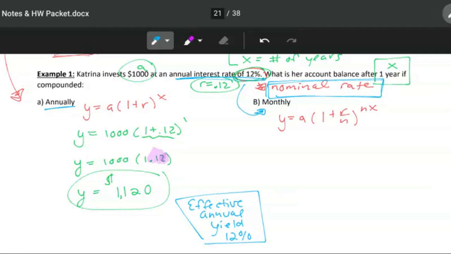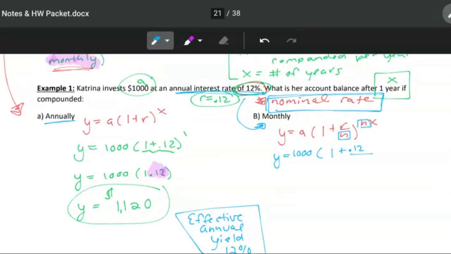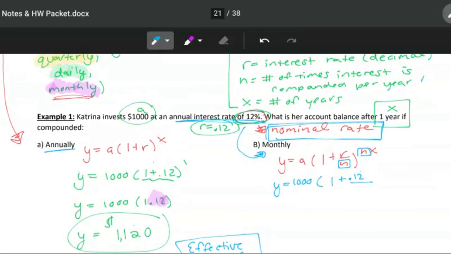So let's see that. Let's plug in what we know. A is what was initially invested, the 1,000, times 1 plus 0.12. Our N here, we said N is the number of times your interest is compounded per year. Since this is monthly, think how many months in a year? 12 months in a year, so N is going to be 12.